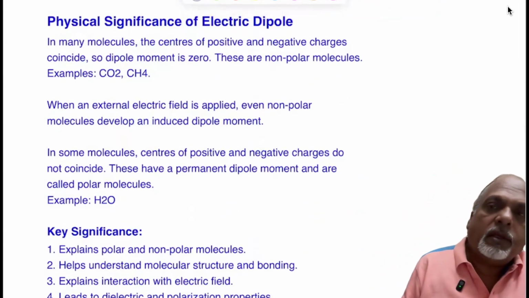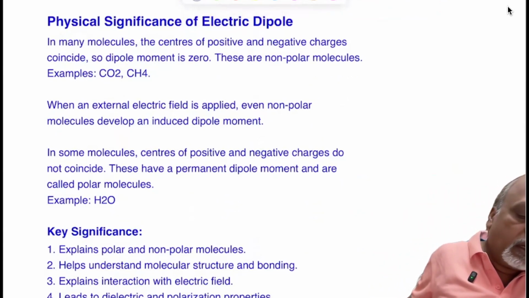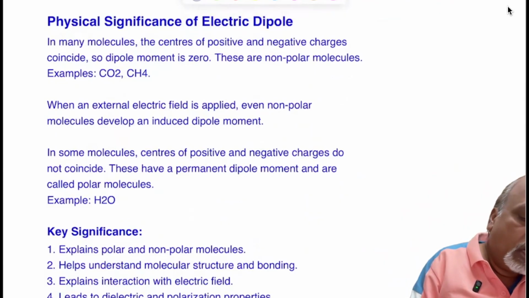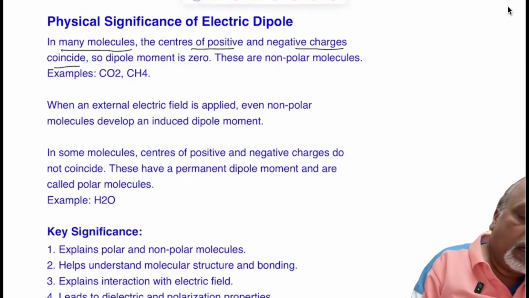Theoretically, if we see why we study this dipole moment, you must have seen many molecules where the center of positive and negative charges coincide, and where the centers of positive and negative charges coincide, the dipole moment is 0.